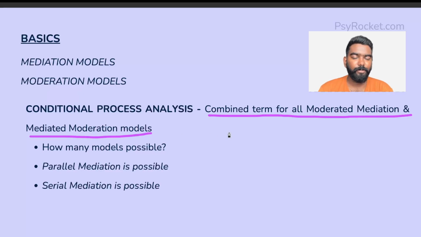Moderated mediation is very much useful, but mediated moderation is not very much useful according to Andrew Hayes. He is the author of Introduction to Mediation, Moderation and Conditional Process Analysis. He is also the creator of the Process Macro, which is a plugin for SPSS through which we can perform mediation analysis, moderation analysis and conditional process analysis.